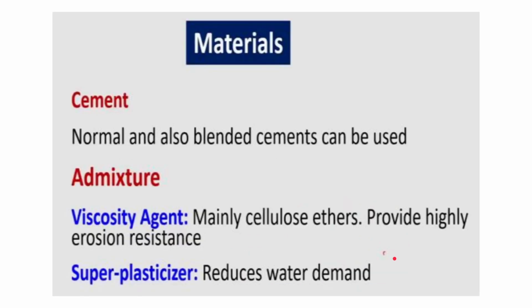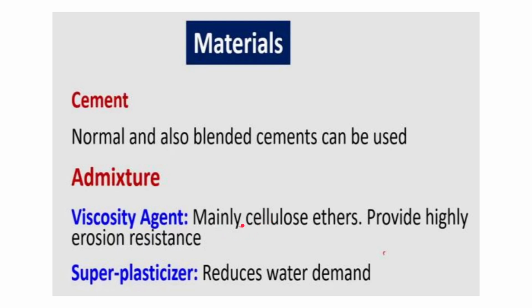Between the values. So what type of materials are used in anti-washout concrete? The cement is normal cement, or it can also be blended cement using mineral admixtures. Both can be used. As admixture, they have specifically specified the viscosity agent, which we have discussed so much till now.